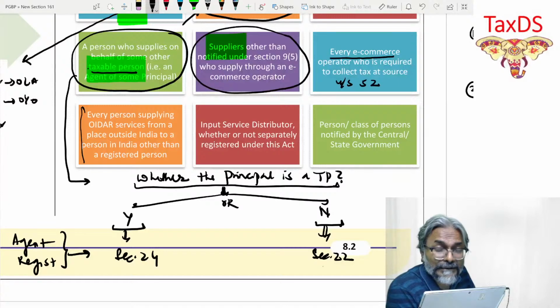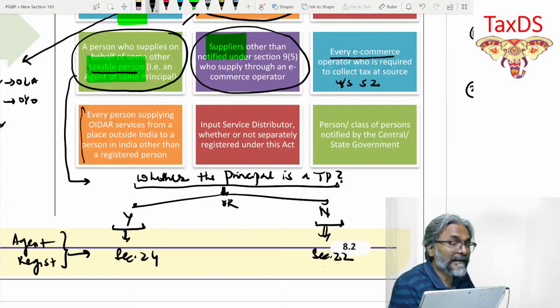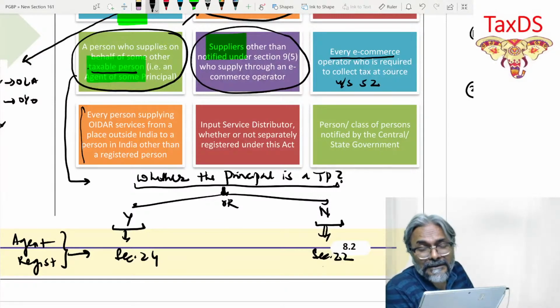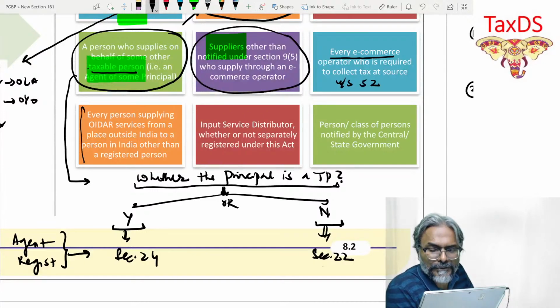Same is the case of the ISD. ISD also will have to get separately registered irrespective of the fact that they are already registered as a normal supplier. Is that clear to all of you, students?